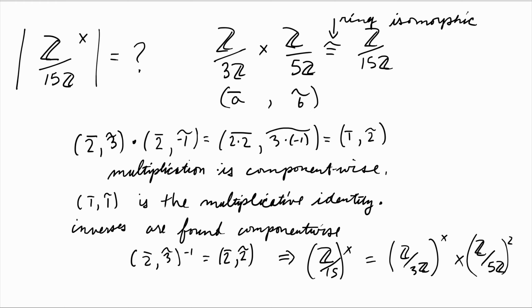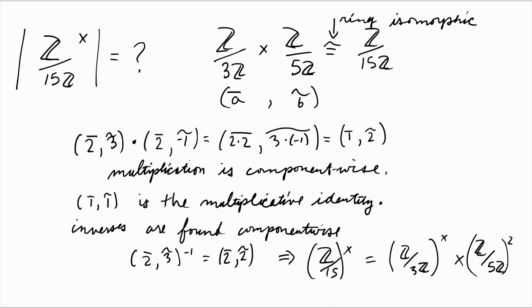All right, so we have, and keeping in mind that 1 bar, 1 squiggle is the multiplicative identity with respect to this component-wise multiplication, this relates isomorphically to the structure here of just 1 bar and mod 15.